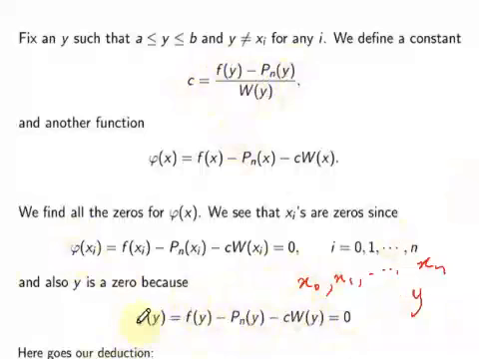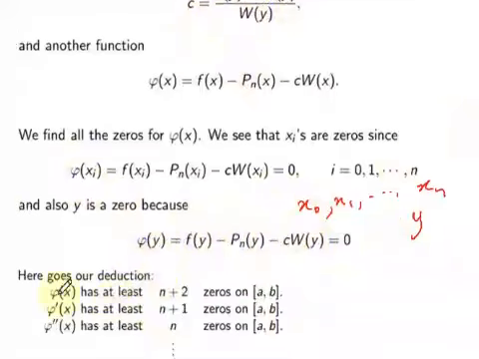It has n plus 2 roots here. This implies that phi has n plus 2 zeros on the interval [a, b].